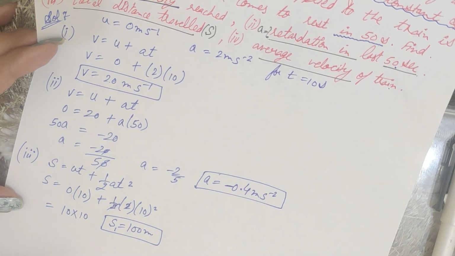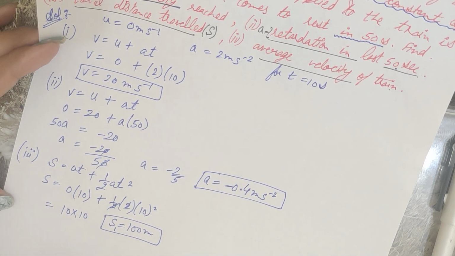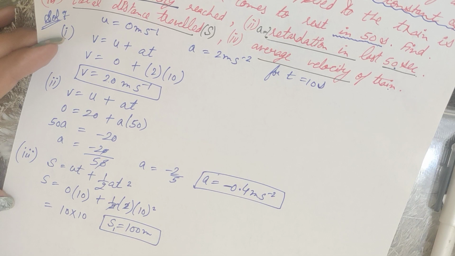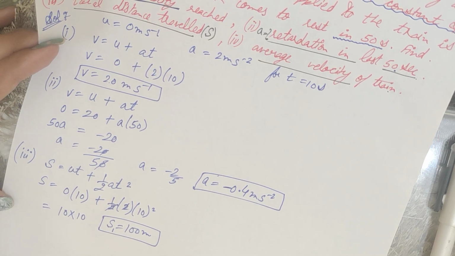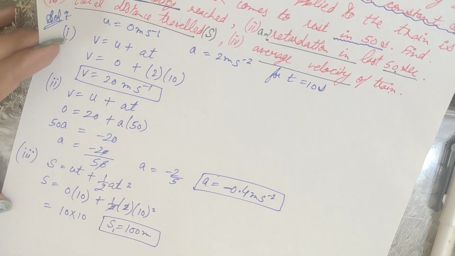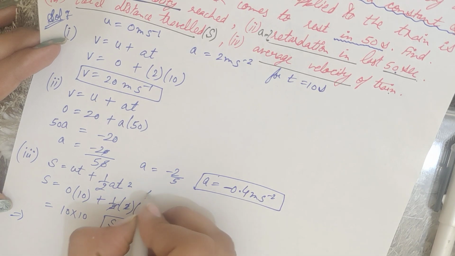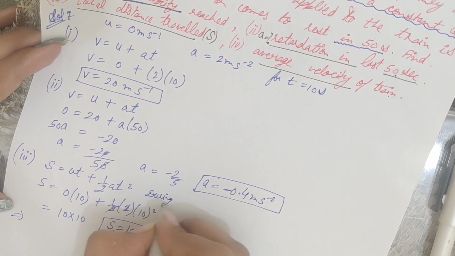Then the next is the distance covered during the constant speed.